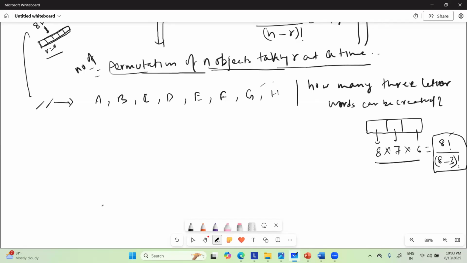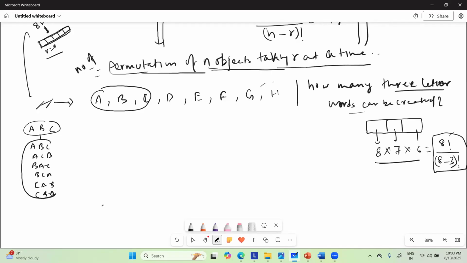But here the question was given to a child, and he started using his mind on how to calculate the number of 3-letter words we can create. So he thought, if I take a group of 3 letters like A, B, C, and start arranging it, we all know we can actually make 6 words with this.